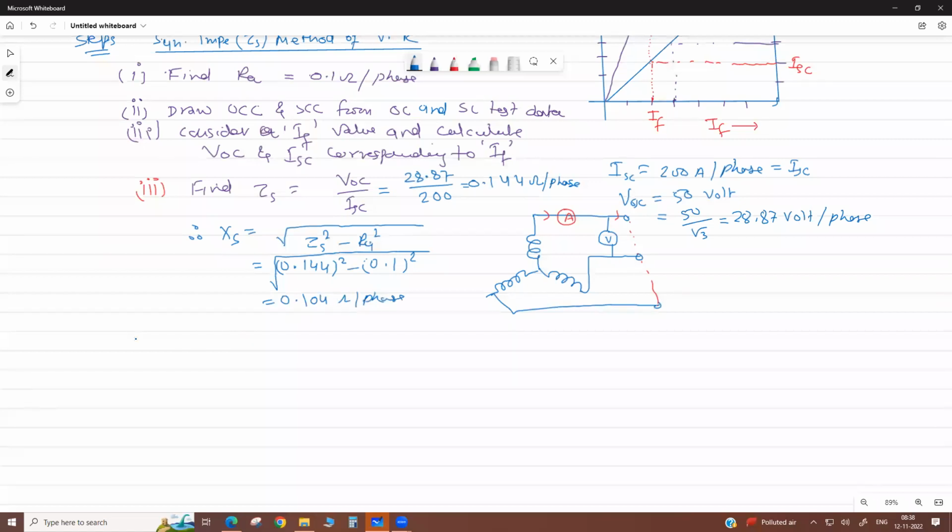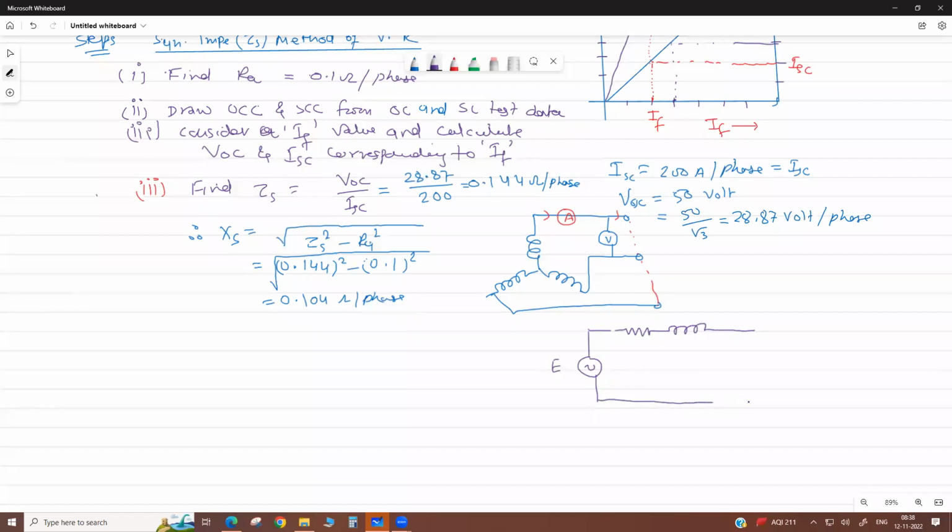Now we can calculate. Now we get this equivalent circuit parameter for the alternator, per phase values. Here it is your E, induced voltage. Then this is your resistance and synchronous reactance.